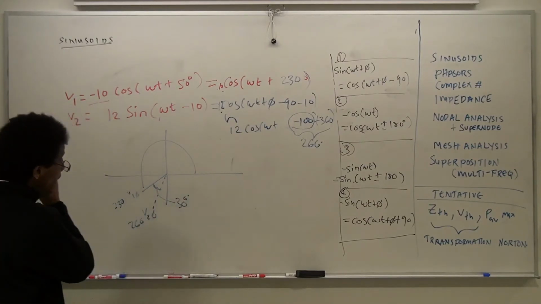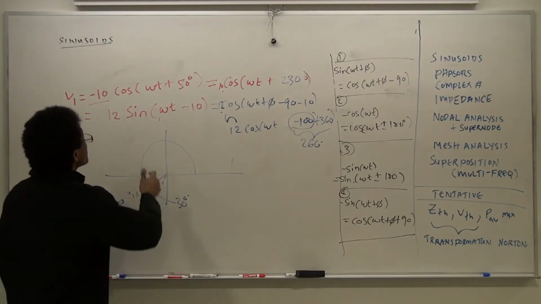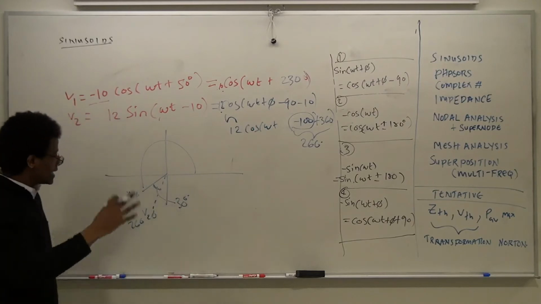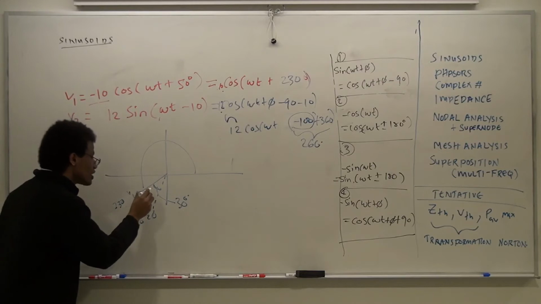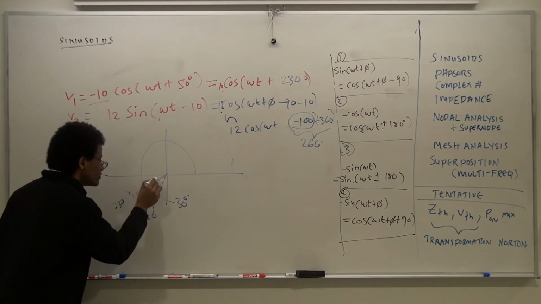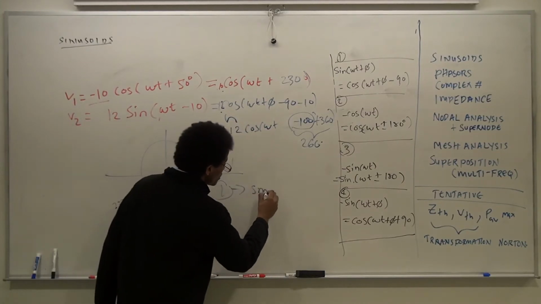Now the question is, which one is leading and which one is lagging? To identify which is leading, you can't just automatically use the bigger value. That's not always the case. What we do is always look at the smallest angle between the phases. Step 1, look at the smallest angle.